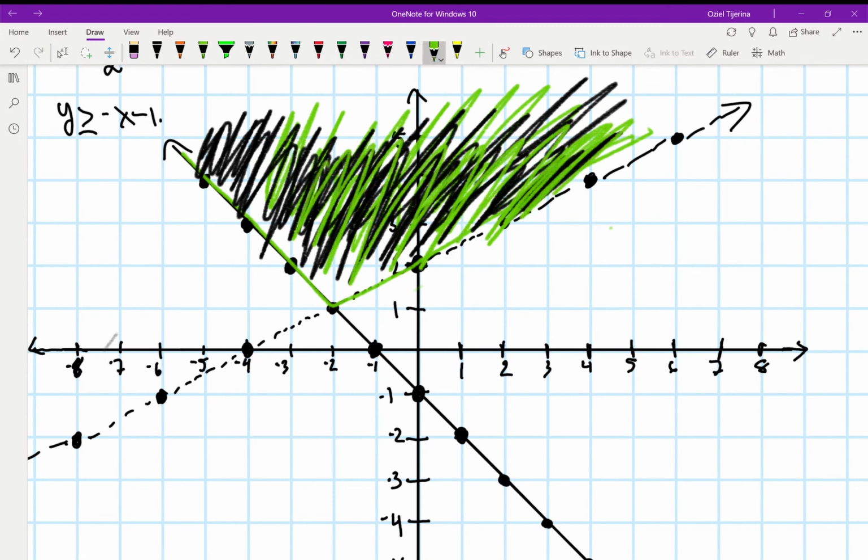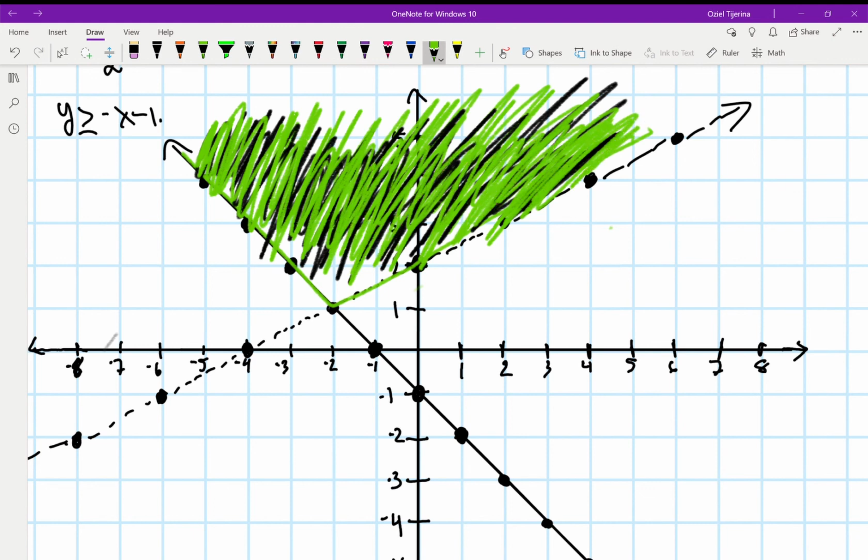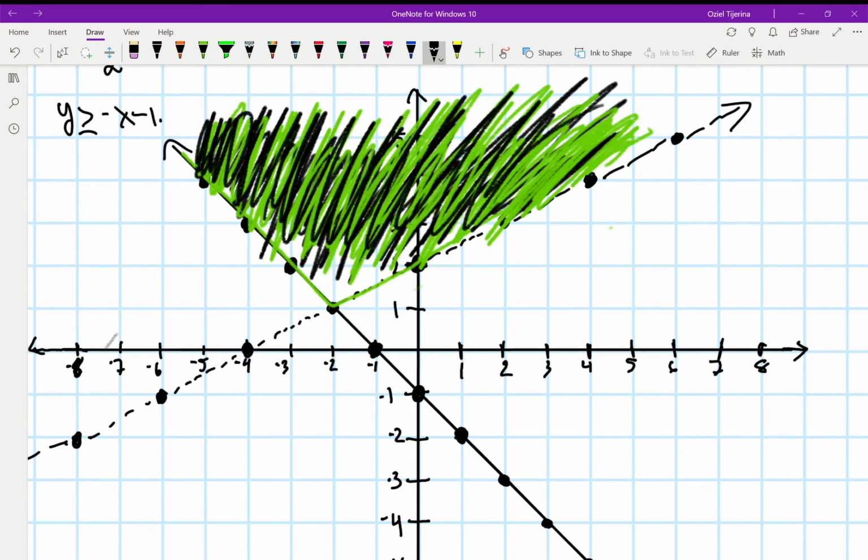So it's like black and green, as long as you show that it's the solution. You don't really have to graph both functions, but as long as you graph the solution. That's why when they ask you to do these, they ask you to show on the graph that this is true.